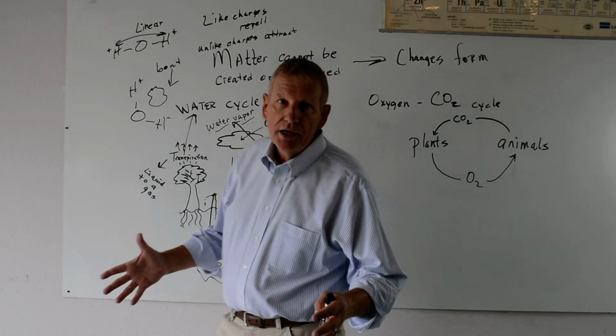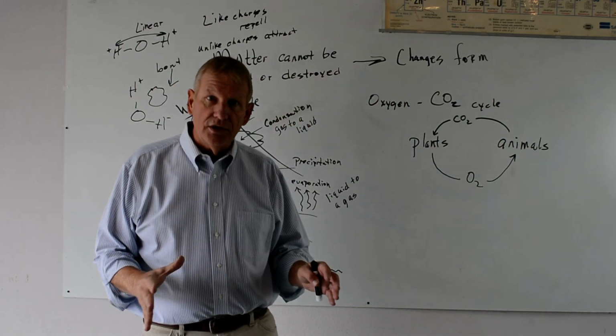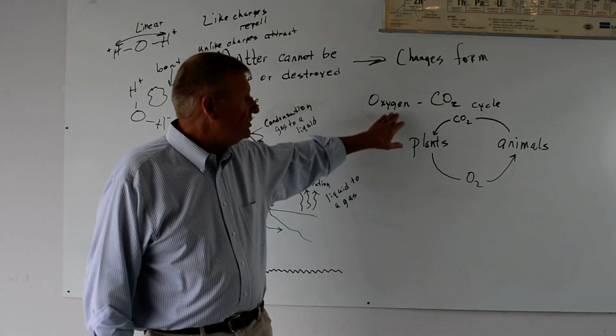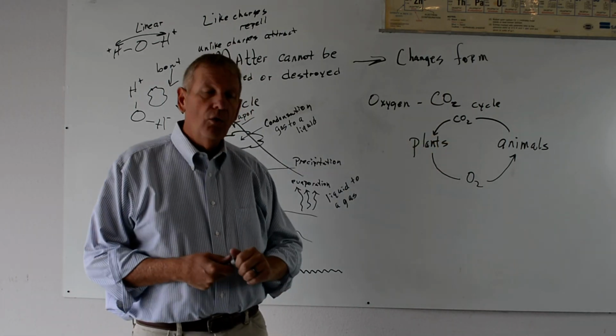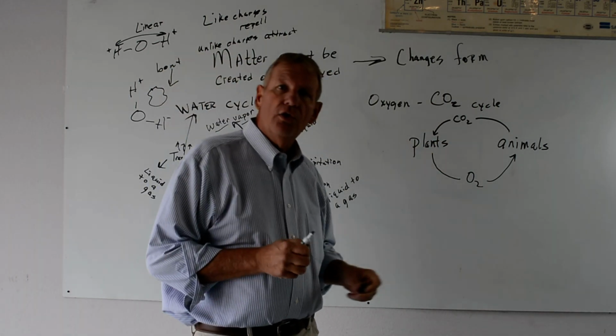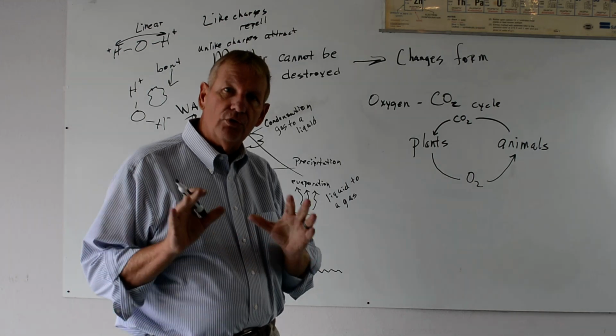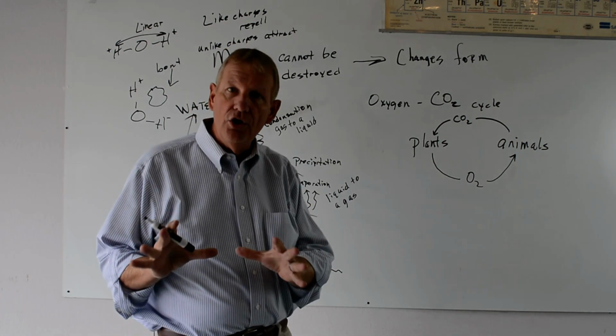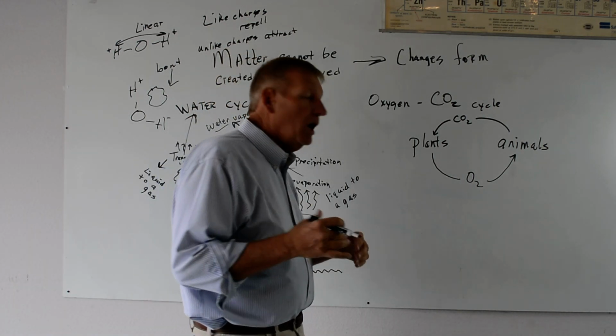Well, guess what? It's not just water that's no new material. It's oxygen and carbon dioxide. Now, remember we talked about earlier the three main chemicals, not only in humans but on the earth, okay?